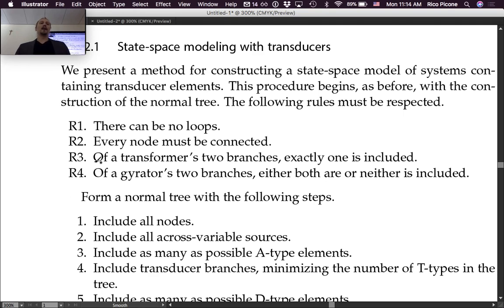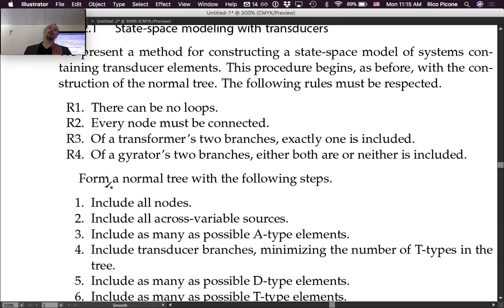So for rule 3, of a transformer's 2 branches, exactly one is included. So you have to either include one or the other. Disallowed is including neither or both. So you have to choose exactly one. Okay.